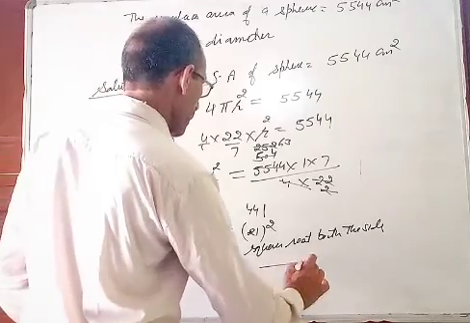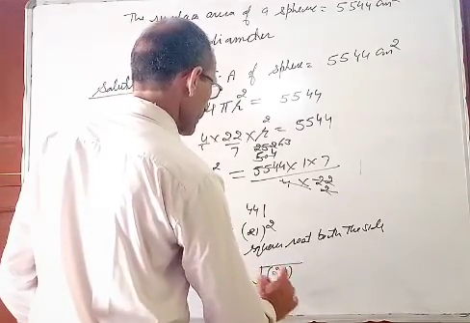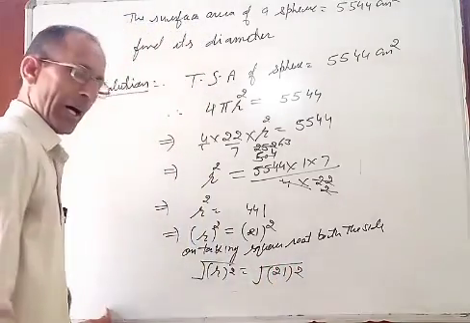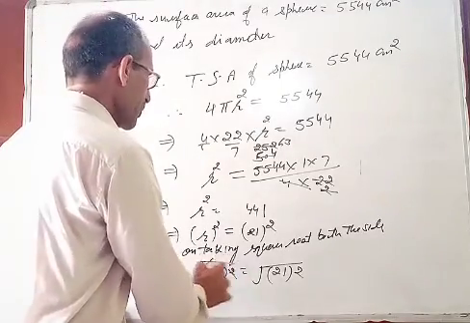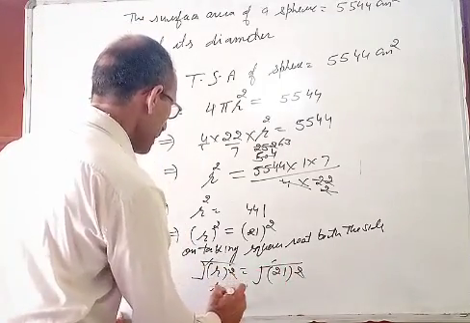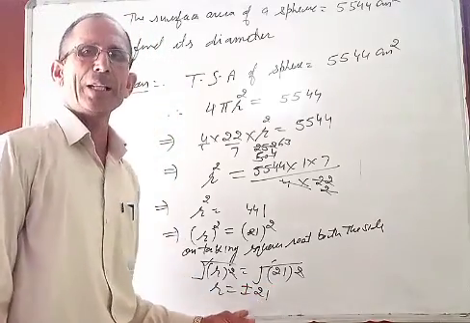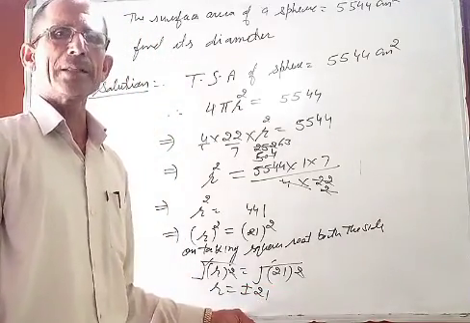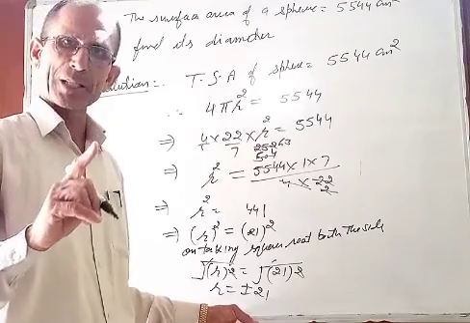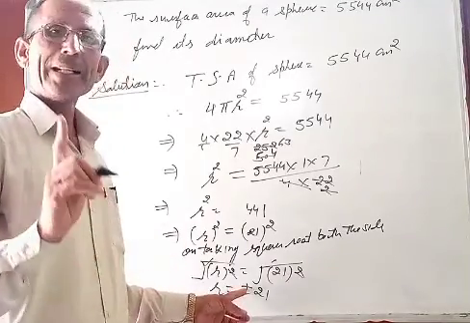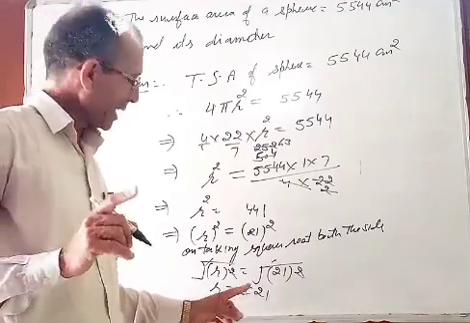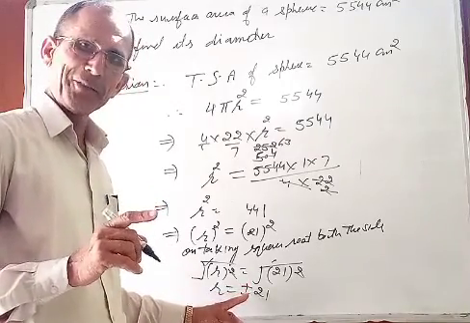This is the symbol of square root. The square cancels with the square root, so the radius will be plus minus 21. Don't forget, when you take the square root on both sides, the answer is always plus minus. But the radius can't be negative, so we ignore the negative value.